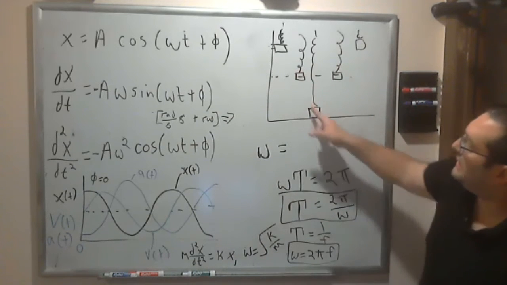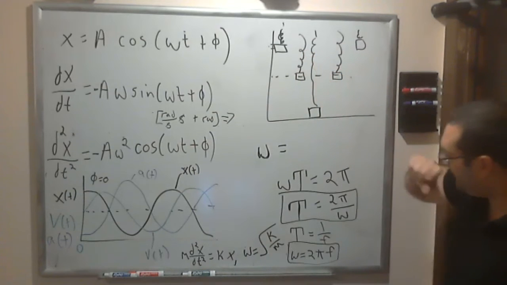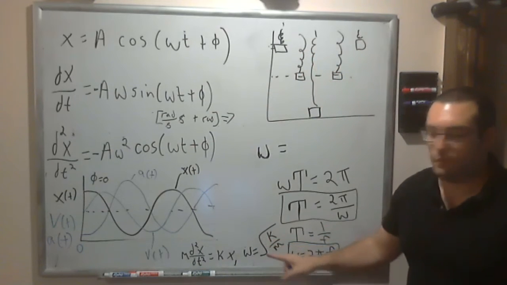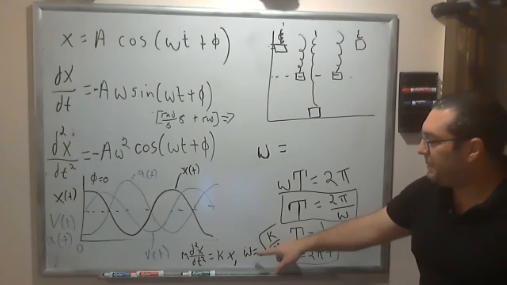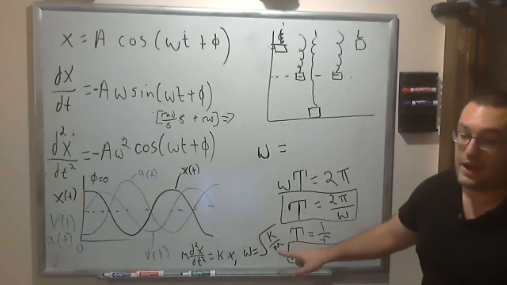So this corresponds to how fast it oscillates. What does omega depend on? It only depends on k over m.